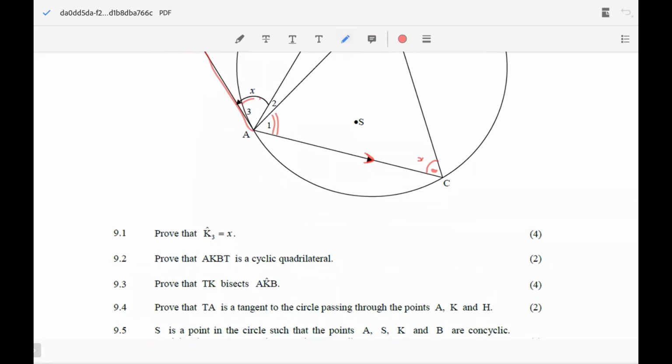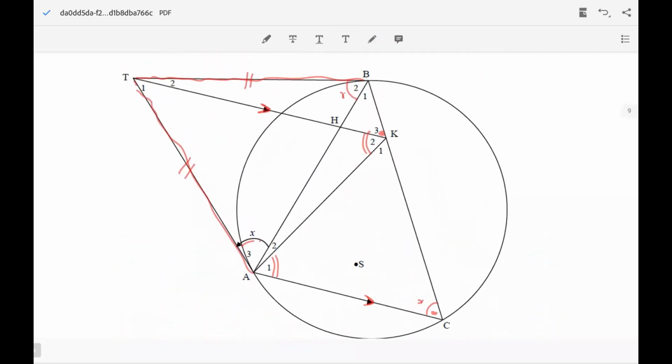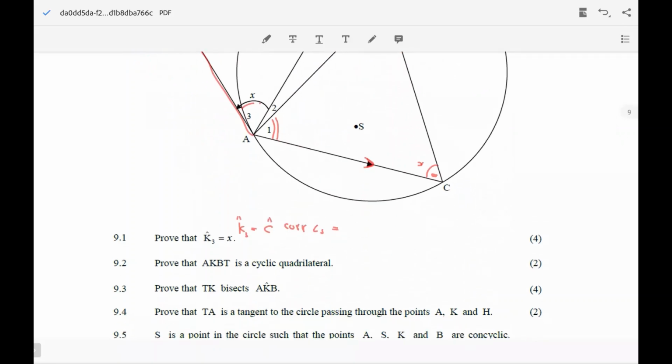So we state that our angle K3 equals angle C, and the reason is corresponding angles equal, and we need to specify the parallel lines. It's TK parallel to AC.